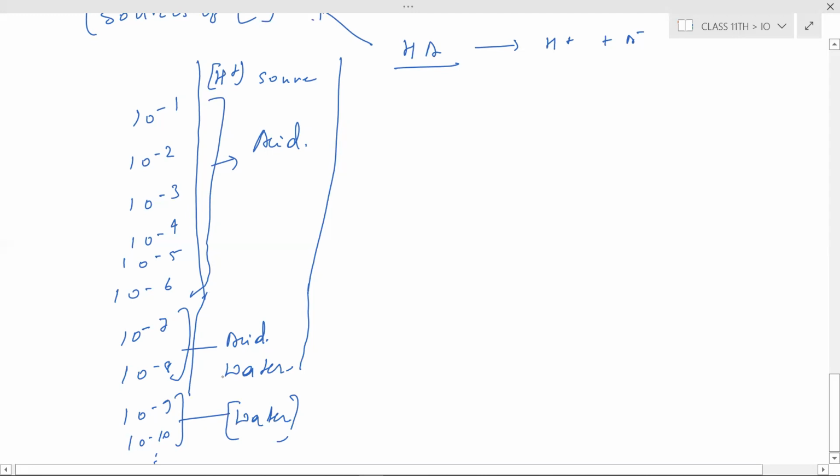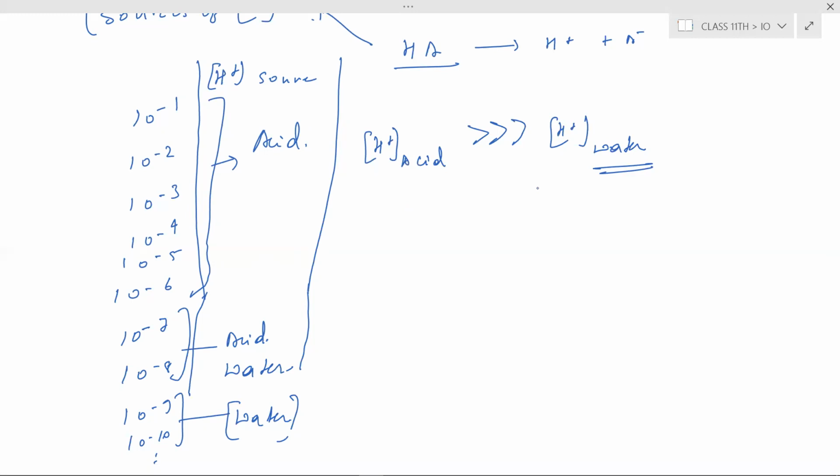I am repeating again. In the solution of acid and water, the concentration of H plus ions produced because of the acid is very high as compared to the H plus ions produced because of water. Hence, the H plus ions produced by water are neglected here, and the acid is the only source of H plus. However, both are producing H plus ions.